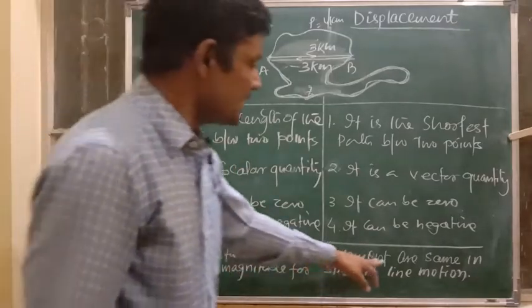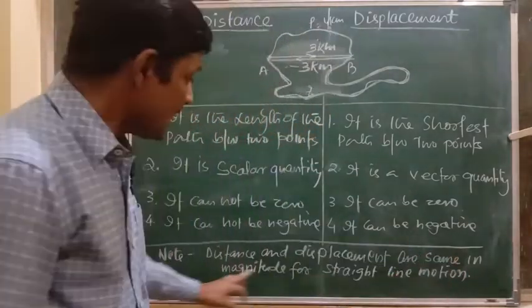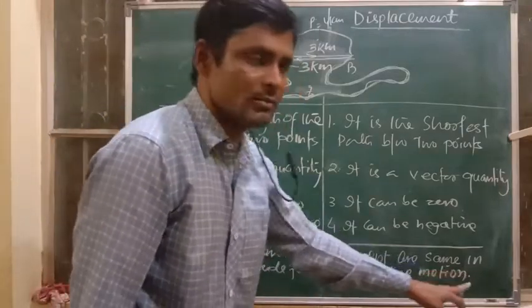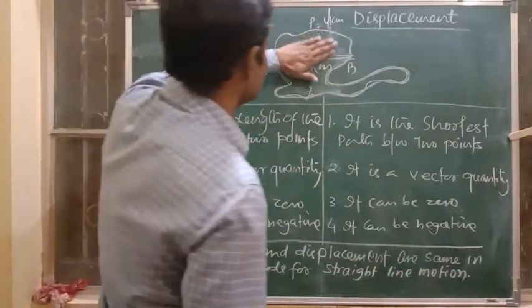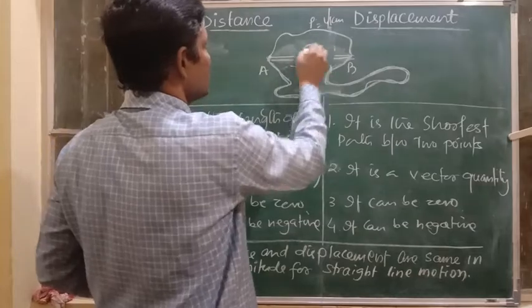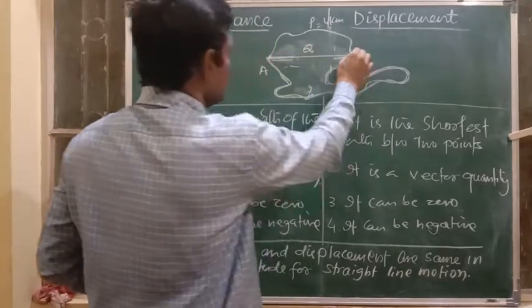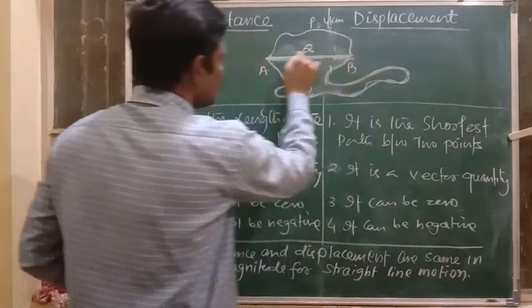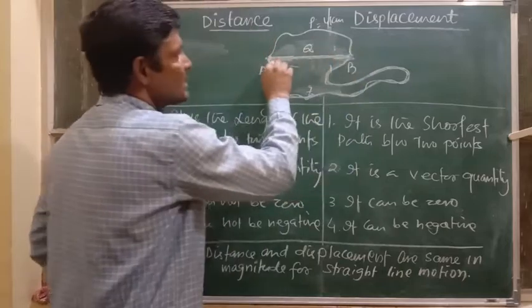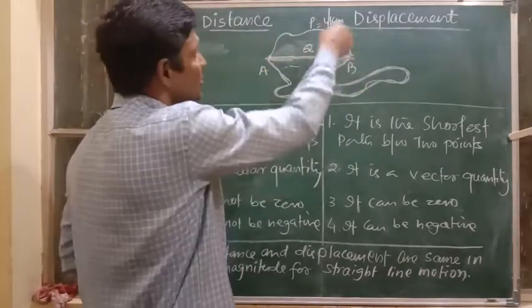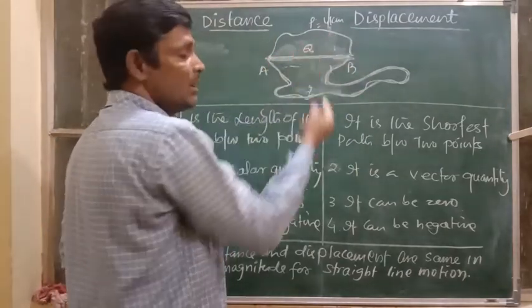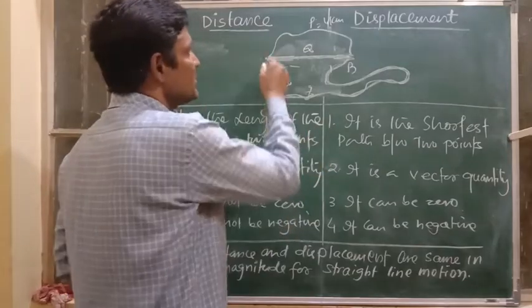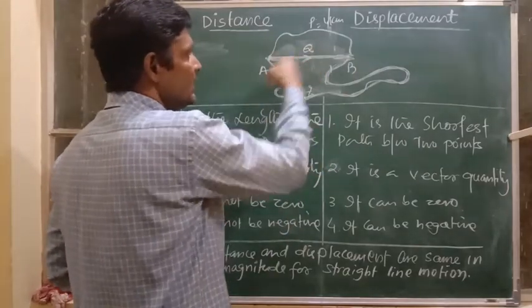The important point you should keep in mind: distance and displacement are the same in magnitude for straight line motion. You know Q has traveled for distance in this path. So the length of this path is called the distance from A to B by Q. But if you ask what is the displacement of B from A, then it is again the same.